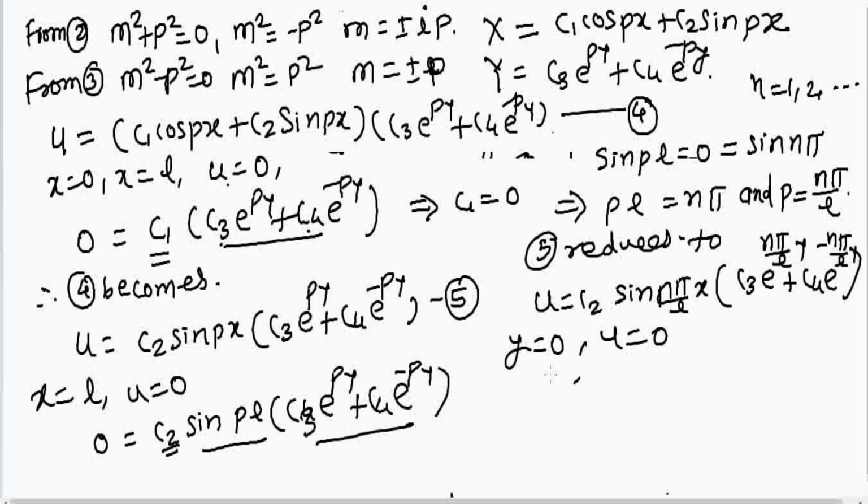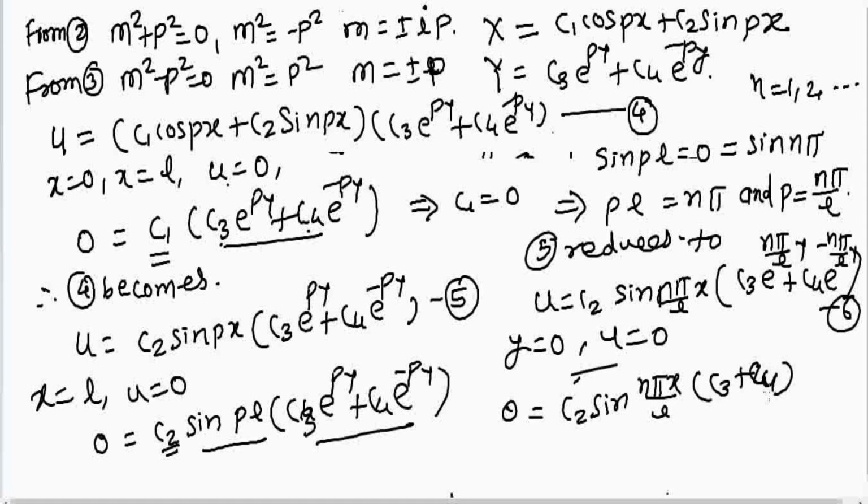Therefore, when y equal to 0, u equal to 0. If we put y equal to 0 and u equal to 0 in this equation number 6, we have 0 equal to C2 into sine n pi x divided by L, into C3 plus C4, since e raised to 0 is equal to 1.